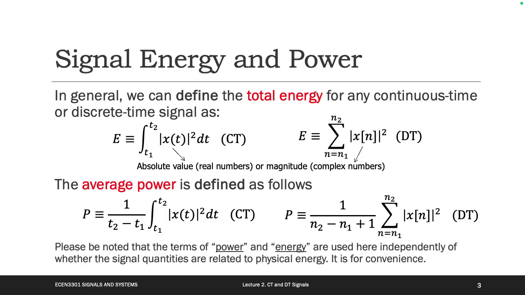And the average power, usually when we talk about power, we just talk about average power. The power is equal to this total energy, if you compare this one and this one, divided by the time duration. Did you notice that? So this is the definition for signal energy and signal power.